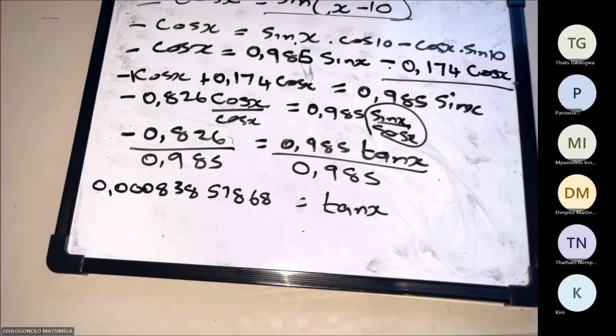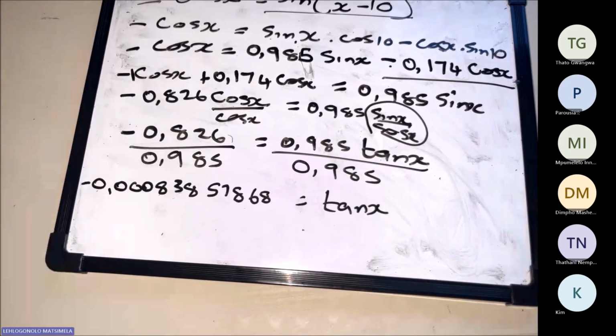Then let's see. I'll say shift tan on my calculator, shift tan the value, which is, oh, it's negative.